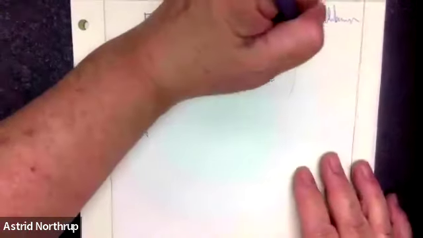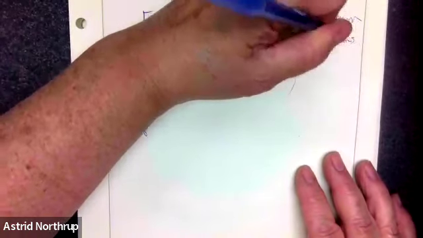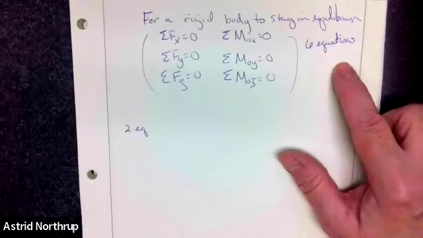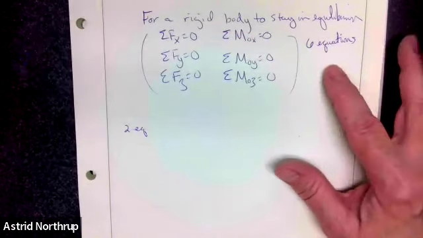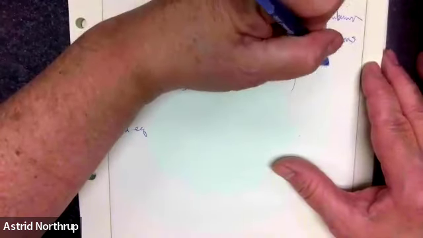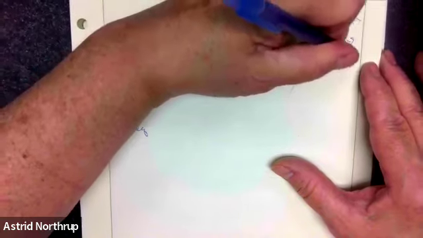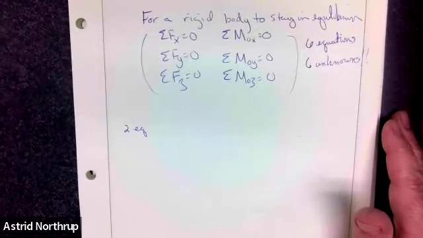And now that we are going to extrapolate this conversation into 3 dimensions and a body that size and shape matters, we are going to have 6 equations, which also tells us that we can have as many as 6 unknowns and still solve that system.